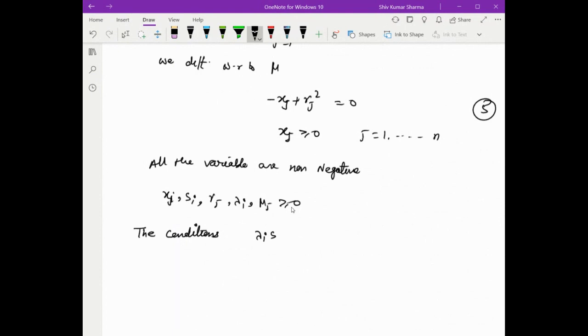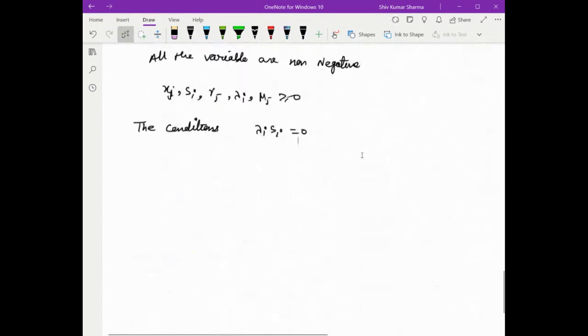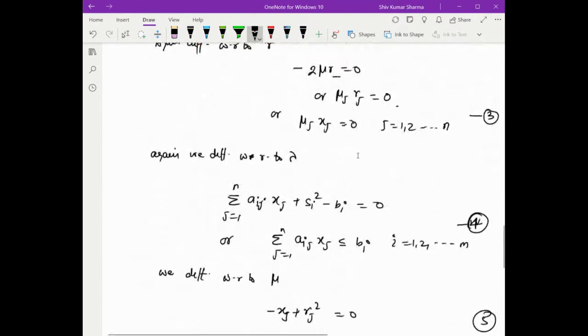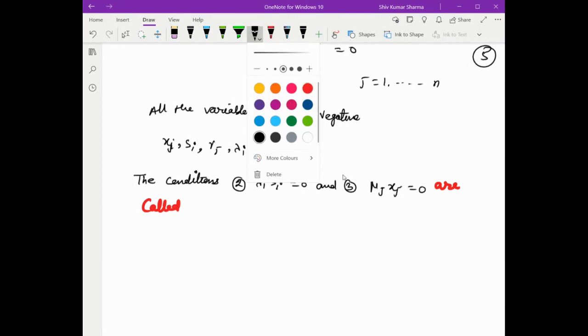So the conditions: second condition, lambda i si is equal to 0. This is the second condition you have to remember. And the third condition you have to remember, mu j xj equal to 0.